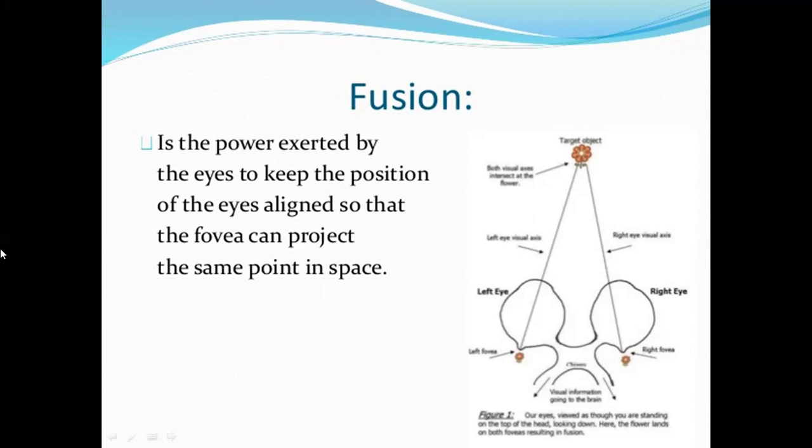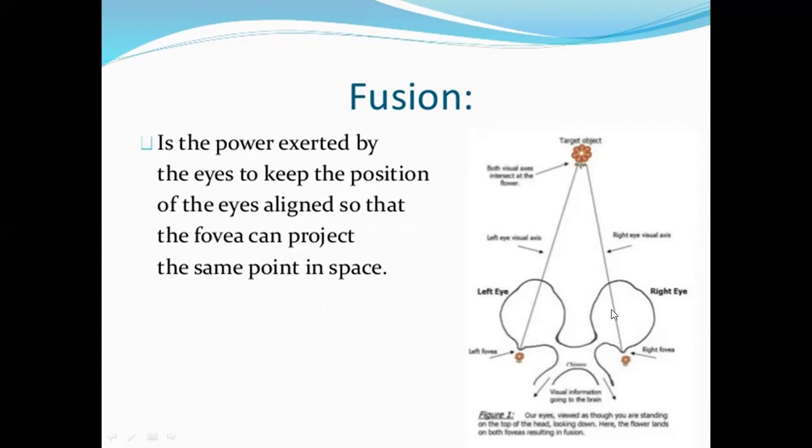मतलब दोनों ही eyes क्या करते हैं, they will be projecting the same point. So in this way you will see this is both visual areas, है ना. So in this there is a flower. This is the left eye visual axis, this is the right eye visual axis. This one is the left eye, this one is the right eye. So these are the left fovea and right fovea.